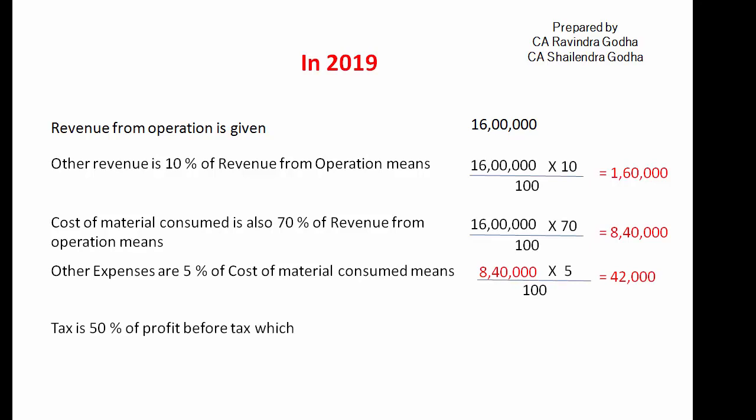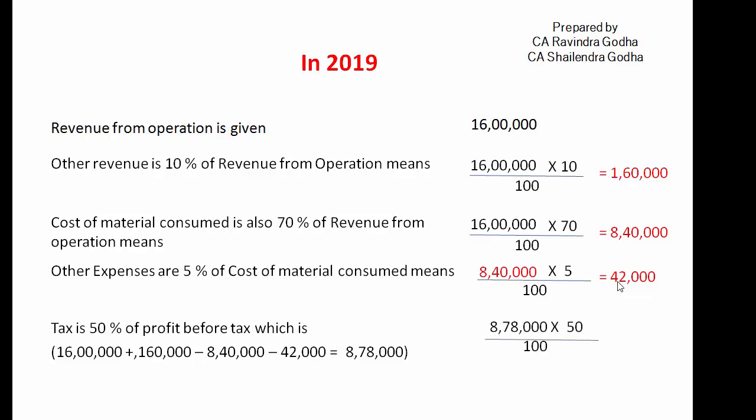Next, tax is 50% of profit before tax, and profit before tax is calculated by adding revenue from operations and other revenue, that is total revenue, and from this total revenue we deduct total expenses, 840 and 42,000. It is 8,78,000, and tax is 50% of this 878, that is 4,39,000.